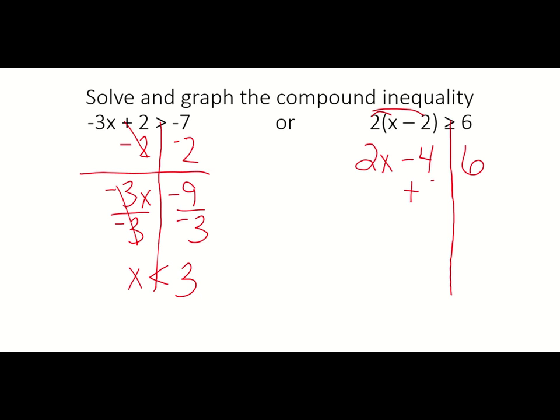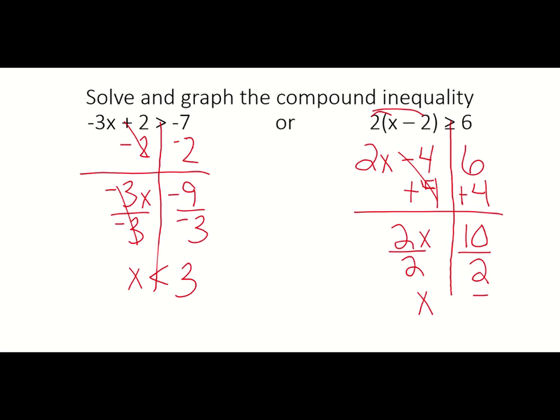Add 4 to both sides, so 2x ≥ 10, and then divide by 2. So you have x ≥ 5, and bring down the inequality symbol, greater than or equal to. So our two statements: x < 3, x ≥ 5. And then we want to graph the solution on the number line.